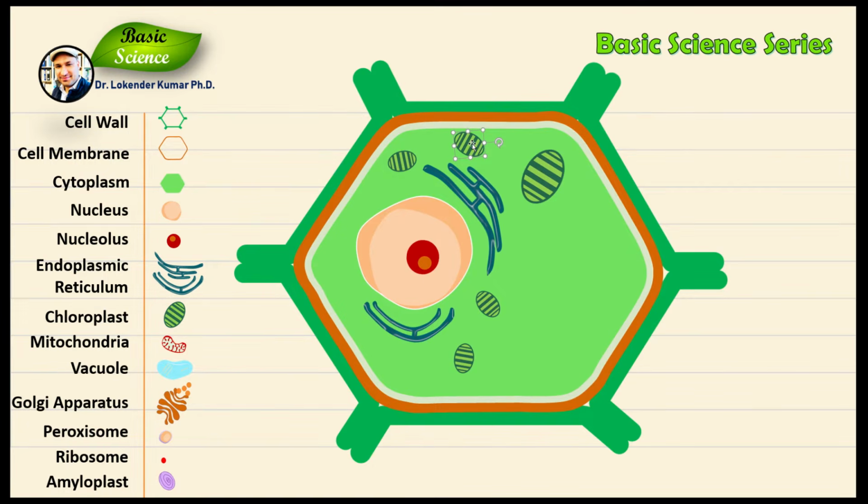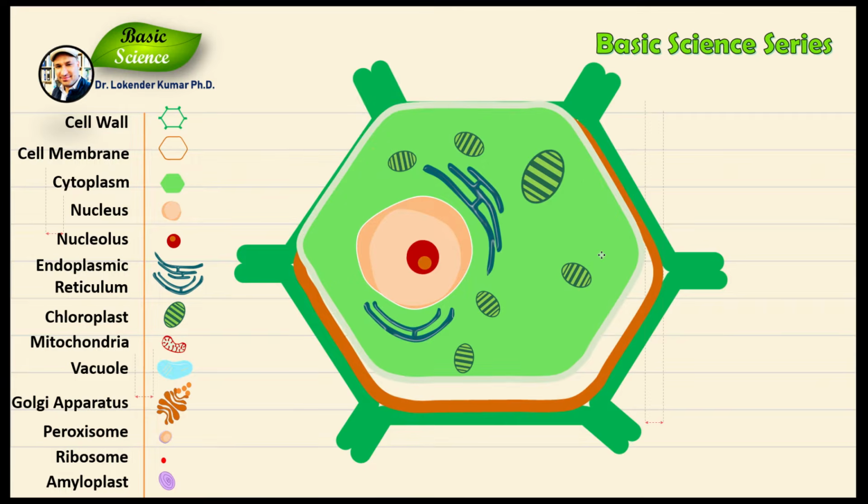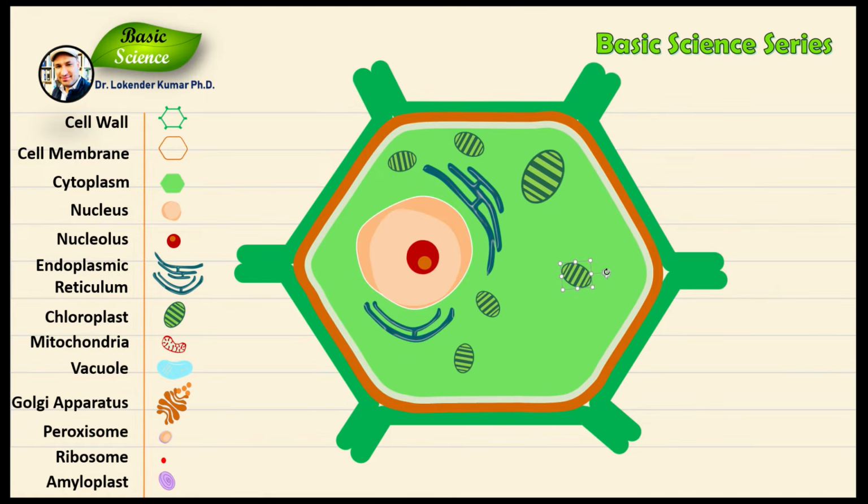So I'm just trying to give it a nice appearance so that we have evenly distributed chloroplasts in our plant cell. So right now we have added the nucleus, nucleolus, endoplasmic reticulum, chloroplast, and then we will drag another major component of the eukaryotic cell, that is this.